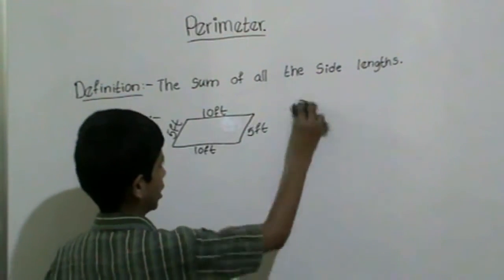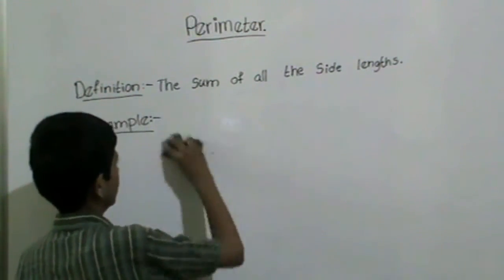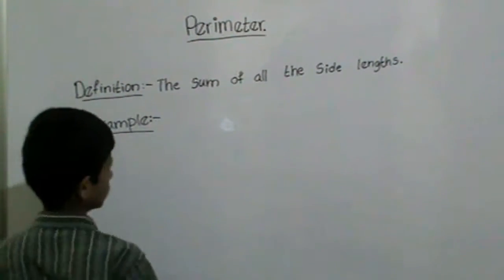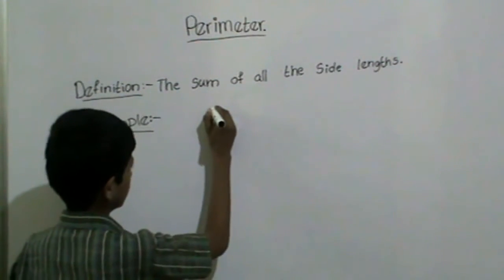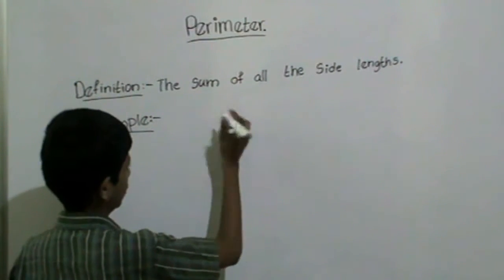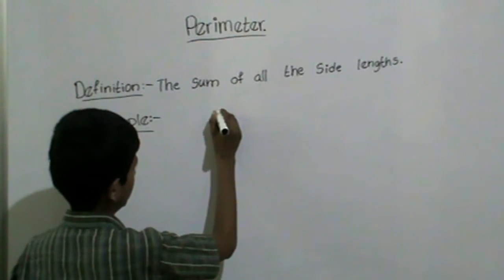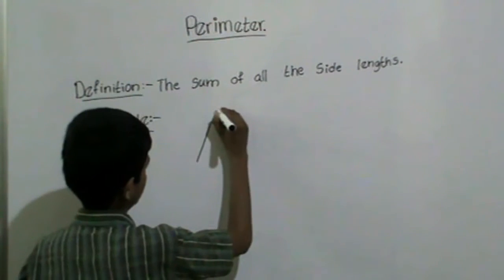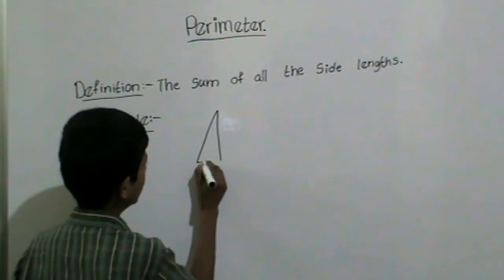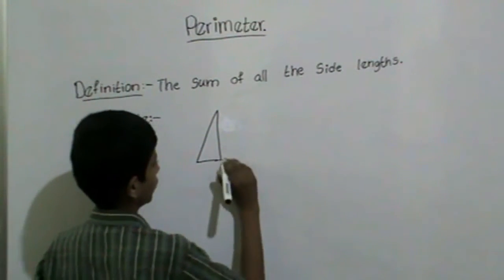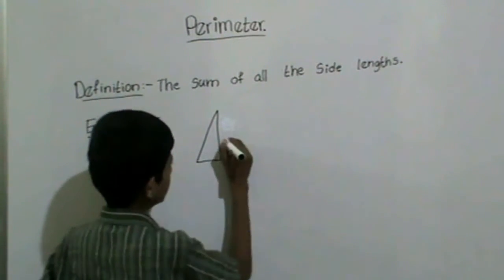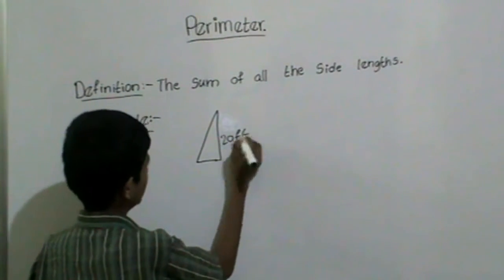Now let us take a triangle. This measures 20 feet.